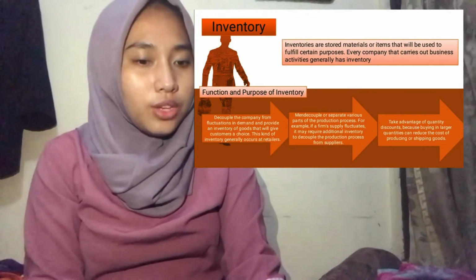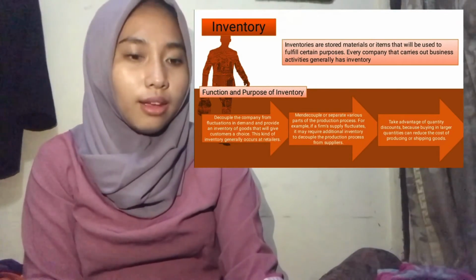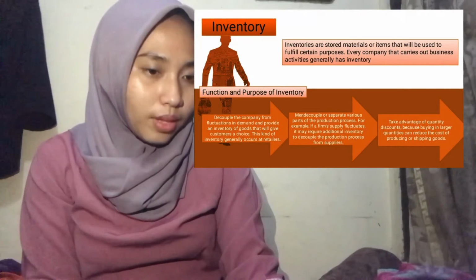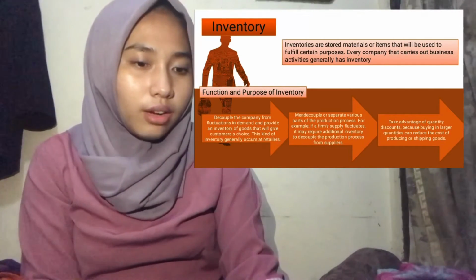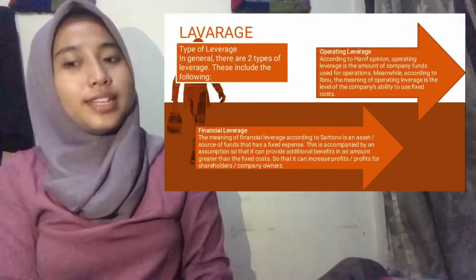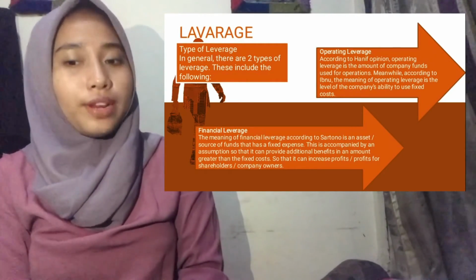The advantage of quantity discounts, because buying in larger quantities can reduce the cost of producing or shipping goods. Leverage. Types of leverage. In general, there are two types of leverage.